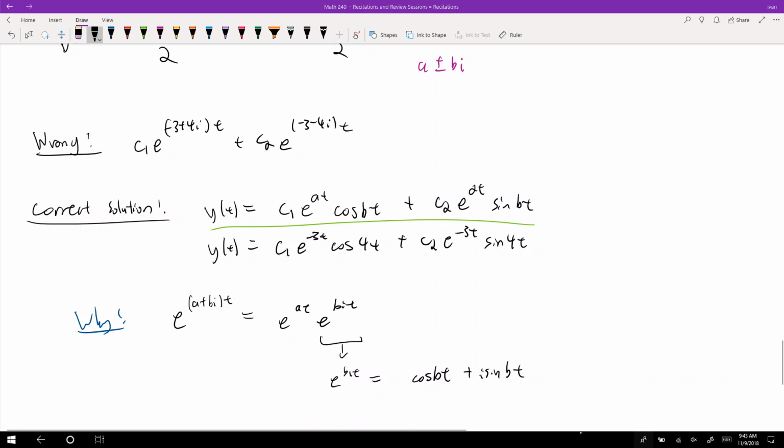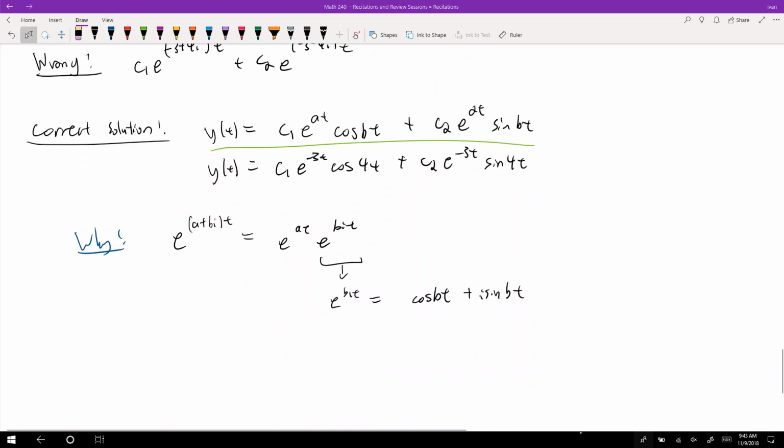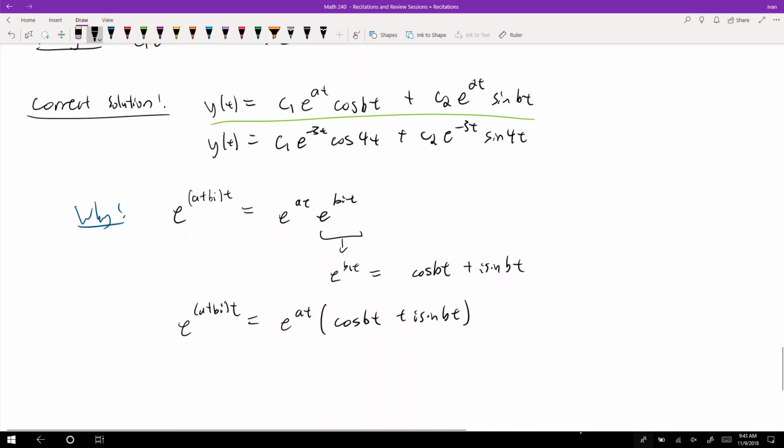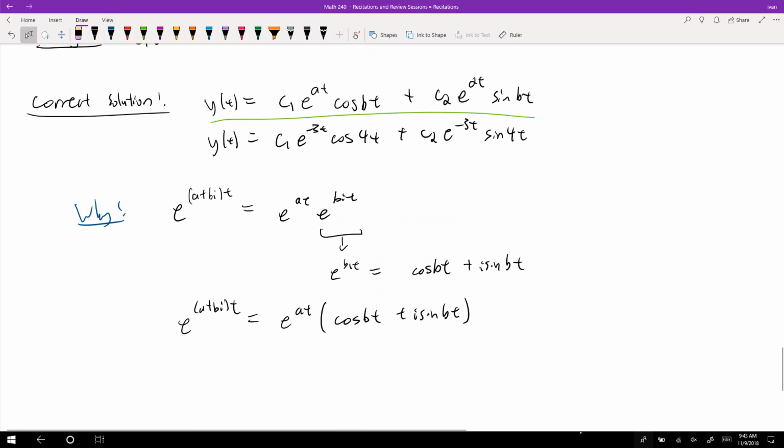And so what you get then is e to the at times cosine bt plus i sine bt, and this is e to the a plus bi t. And then e to the a minus bi t, you'll get the same thing, except this is a minus i sine bt.